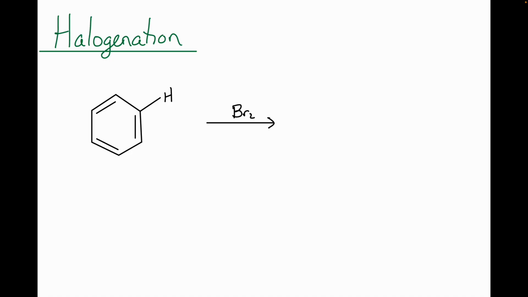So again, bromine and some catalyst. Let's look at aluminum bromide. And again, we're going to substitute that hydrogen for bromine on that ring.